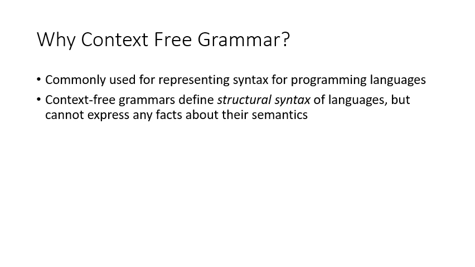So what is done is that context-free grammar defines the structural syntax of the language, whereas semantics are handled in the next phase of compilation, which is semantic analysis. When we study semantic analysis, you will see that the context-free grammars are augmented, more things are added to them.